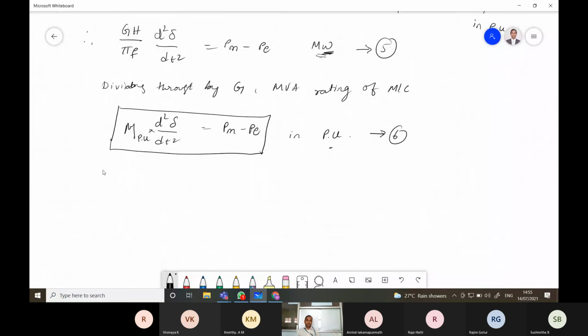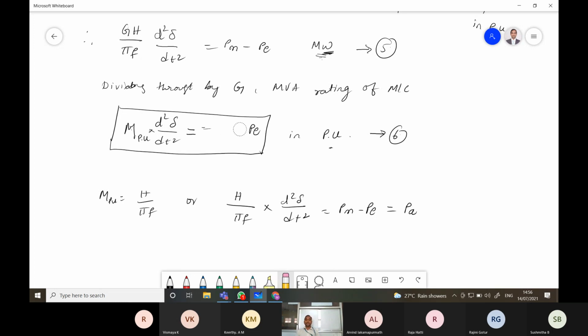M per unit is equal to H by pi f, so H by pi f into d square delta by dt square is equal to Pm minus Pe. This is also equal to Pa.